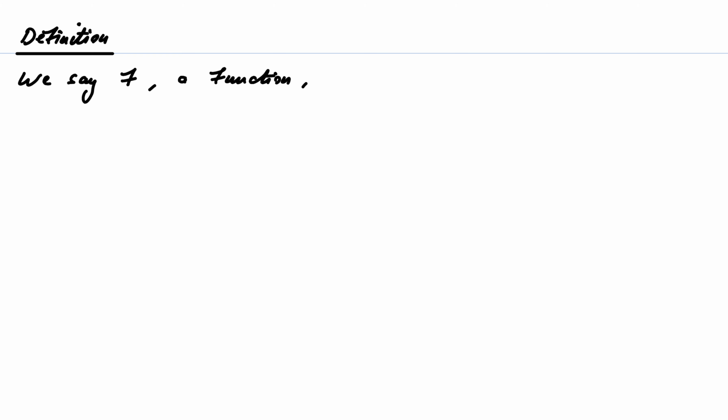So definition. So we say that a function f is 1-to-1 if essentially what we saw with x cubed happens.